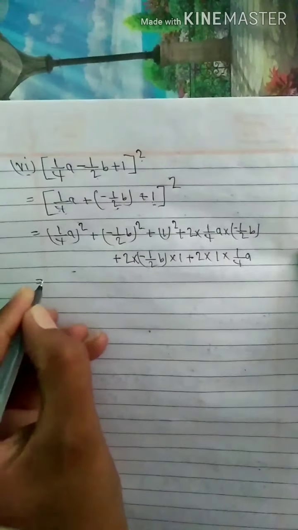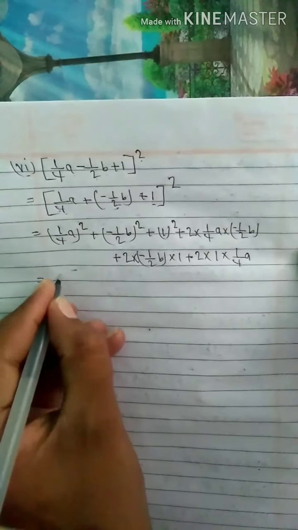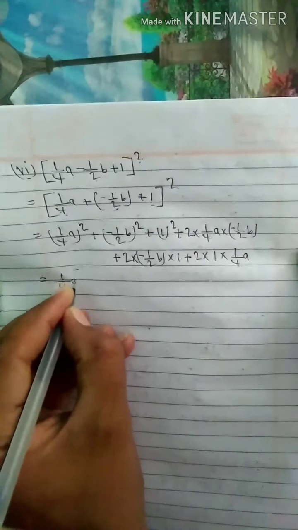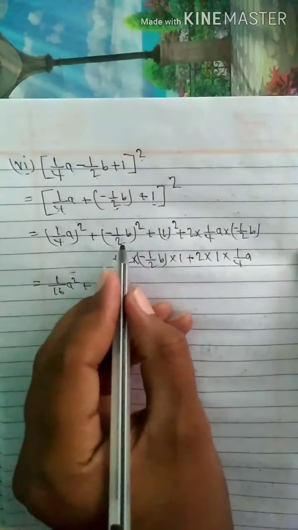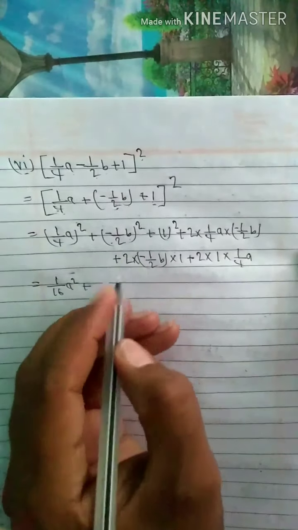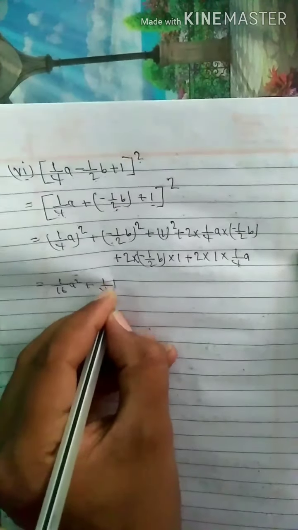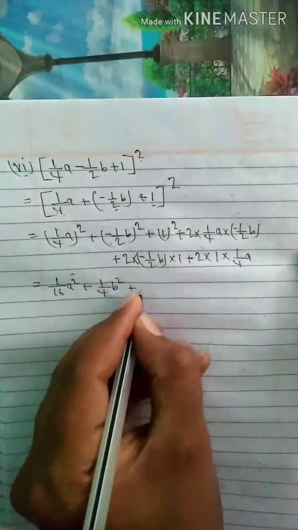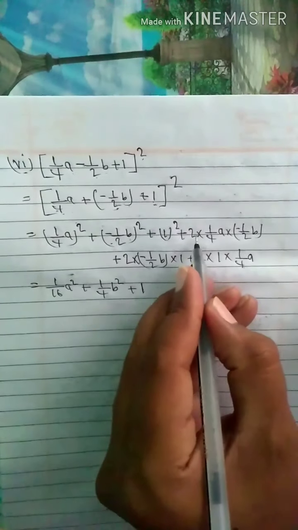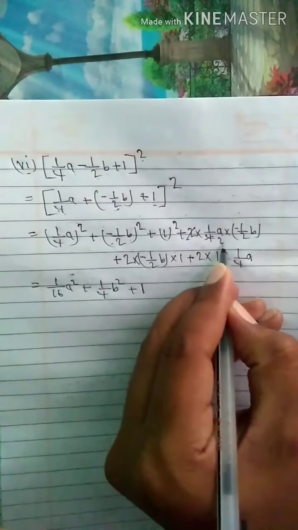And now simplify this. (1 by 4a) whole to the power 2 we can write 1 upon 16a square, plus (−1/2 b) whole to the power 2, so 1 upon 4 b square, plus 1 square, 1. And now see, simplify it.